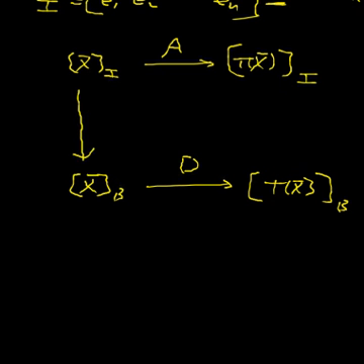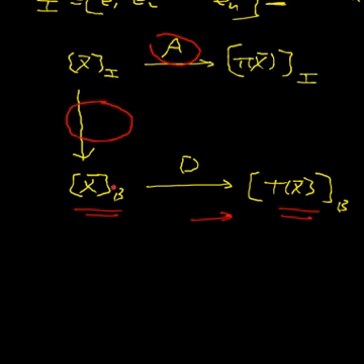Because what I want to show you is how you would transform this one to over here. In order to get that, I have to use this A, so I have to introduce another transform between these two coordinate systems and A. I'm going to use yellow to get this as well.